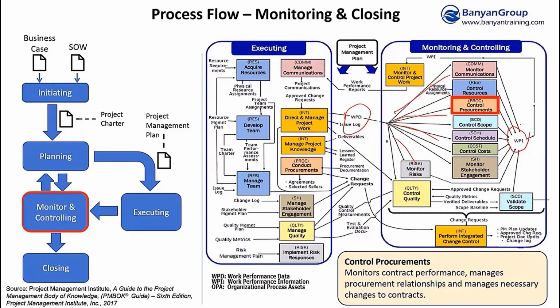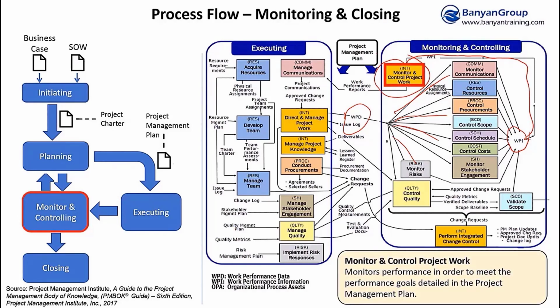And so we take that important information on performance and we feed that into this process. And in that process is where we summarize that information into work performance reports, which are now in a format that we can send out to the stakeholders and say, here's how the project is going. So work performance information is important. It's often a little bit more cryptic.